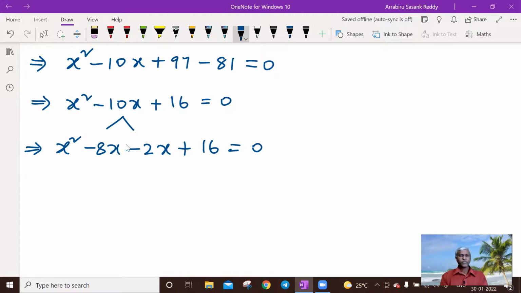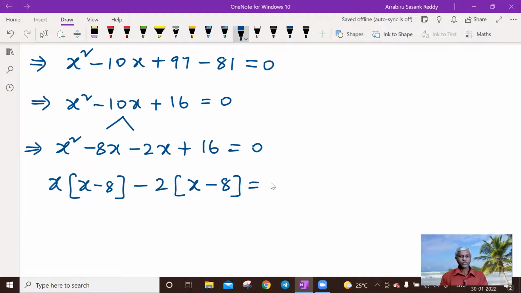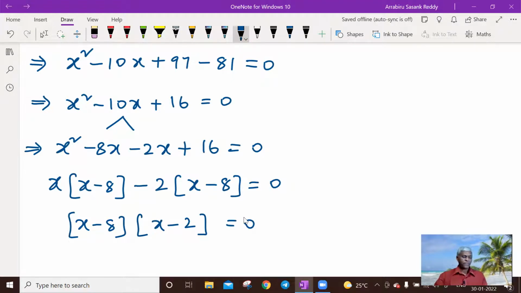Splitting the middle term and taking common from the first two terms, take x common from the first two terms, x square minus 8x, you will remain with x minus 8. And from minus 2x plus 16, if you take minus 2 common, x minus 8. Again, x minus 8 taking common, x minus 2 will remain. So these are the factors.